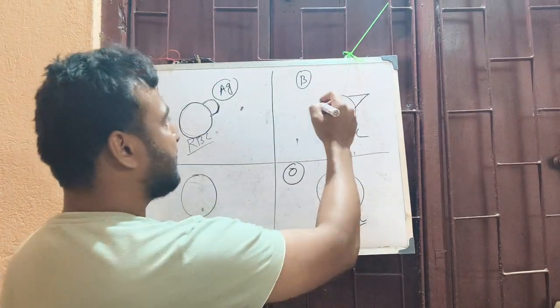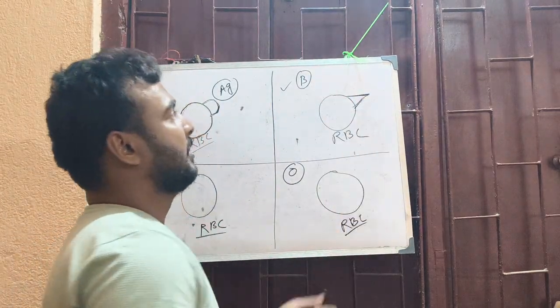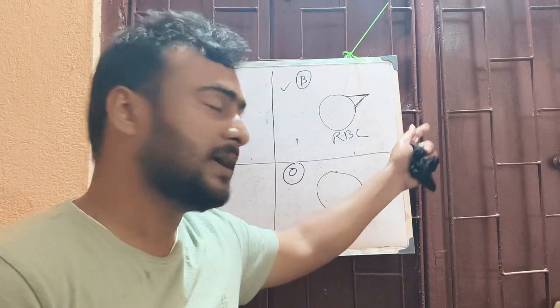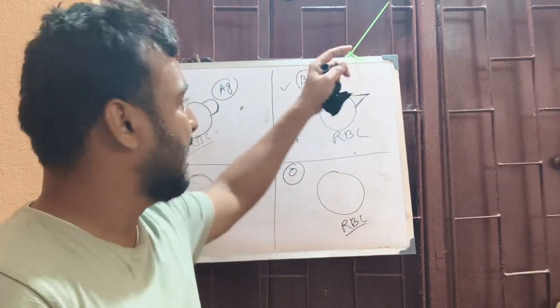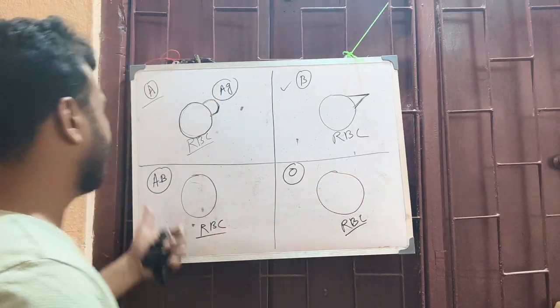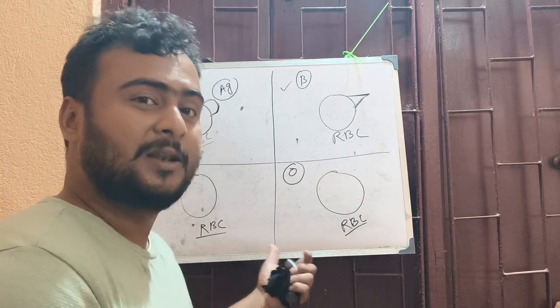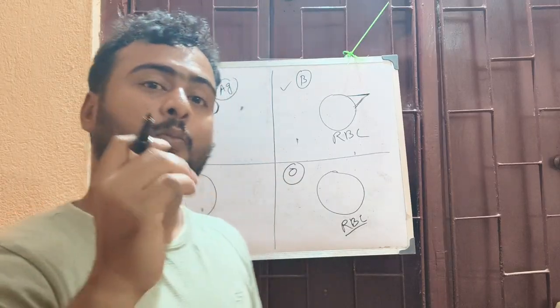In the case of the B blood group, we have a different kind of antigen present on the RBC surface, with a different size and shape. In the case of the AB, in the surface of the RBC, both antigens will be there.